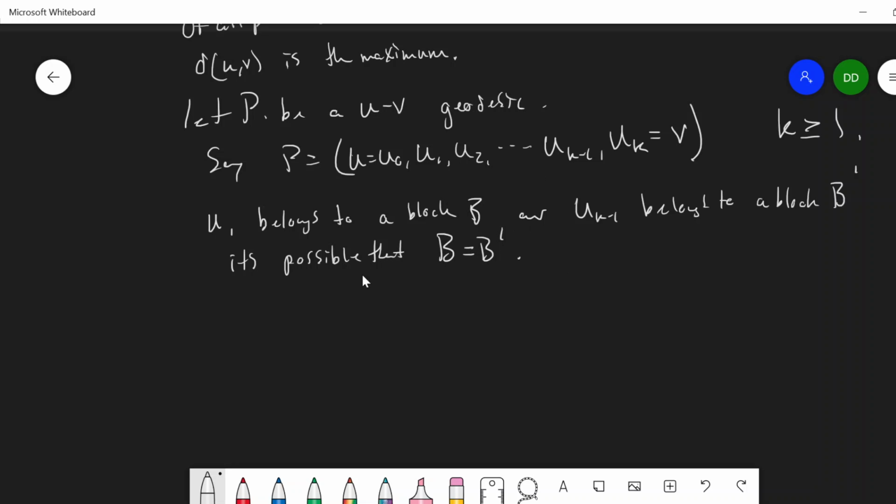That's okay, because since U is a cut vertex, U belongs to another block, right? U would also belong to B, or B prime, but since it's a cut vertex, it has to belong to another block that is not B.